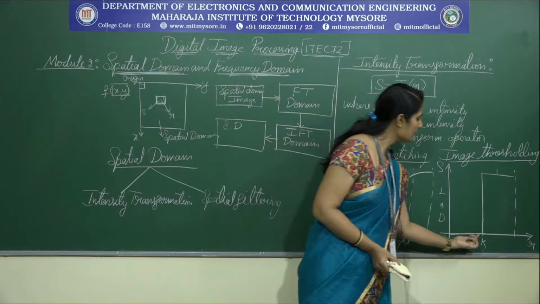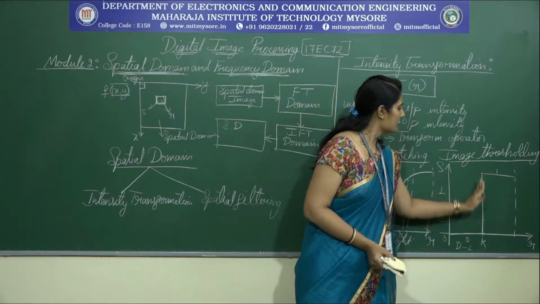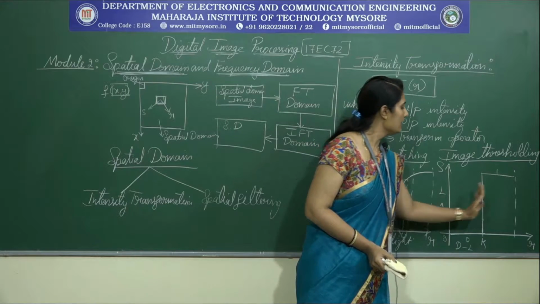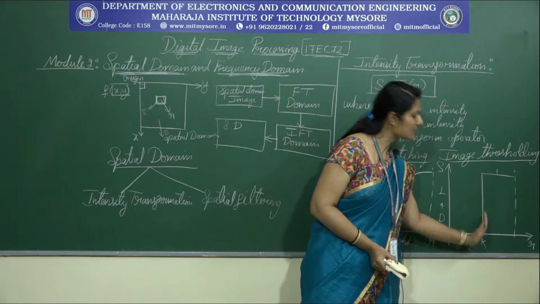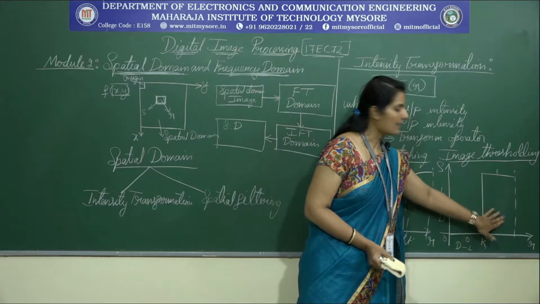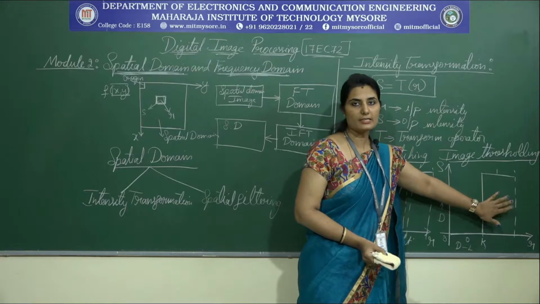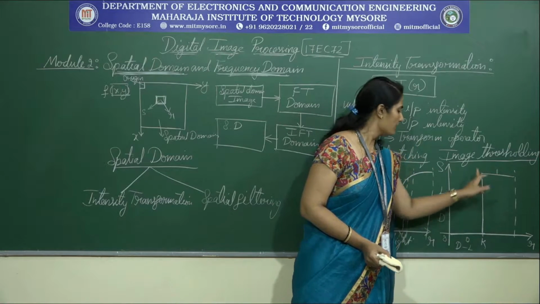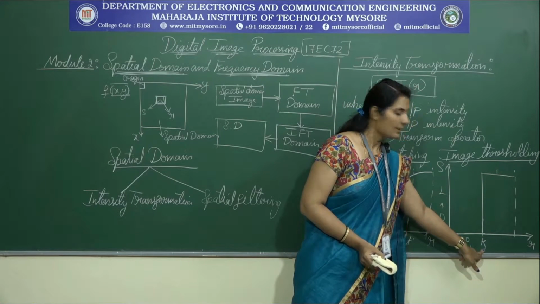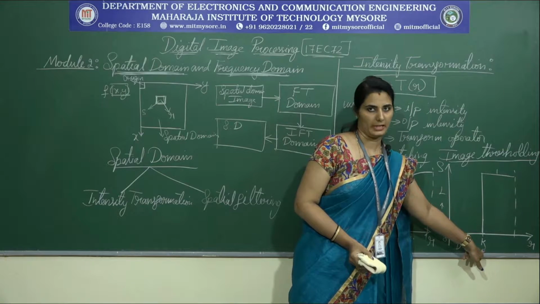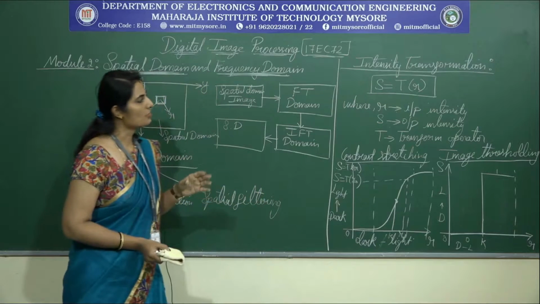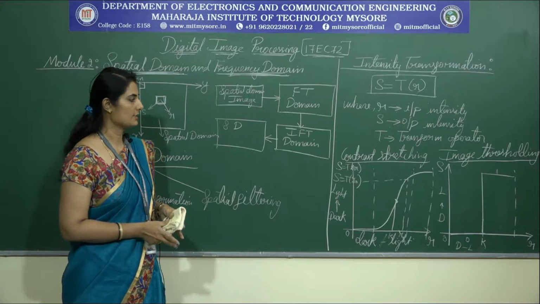So if the intensity level is less than K, it is assigned the black intensity level. If the value of R is greater than K, then it is assigned the white color. So thereby this produces the binary image, where the thresholding is based on the value of K. Okay. So with intensity transformation, this is how the operation takes place.